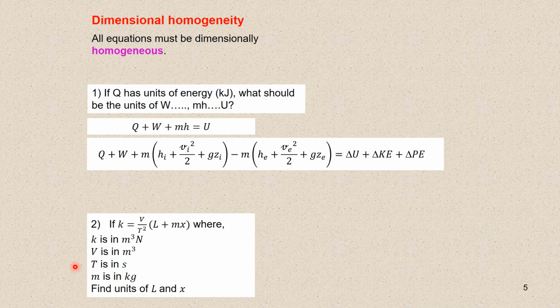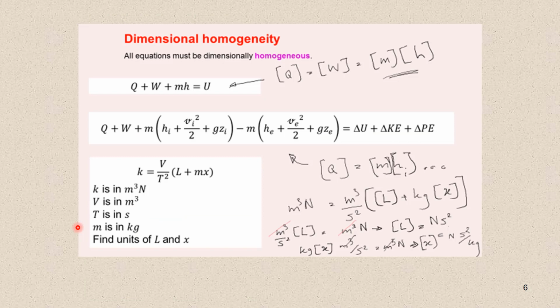With dimensional homogeneity in mind, try problem 1 and then problem 2. Based on dimensional homogeneity, you will notice that the units for Q, W, mh and U are going to be the same, and also the same for this long expression 1 and this long expression 2, and the units are still going to be the same for delta U, delta KE and delta PE.